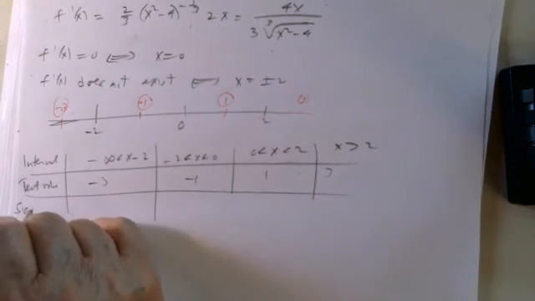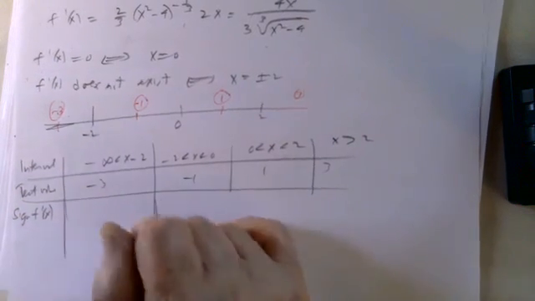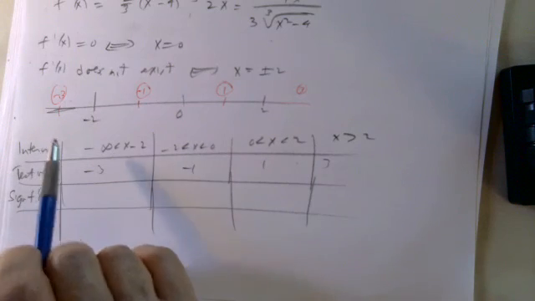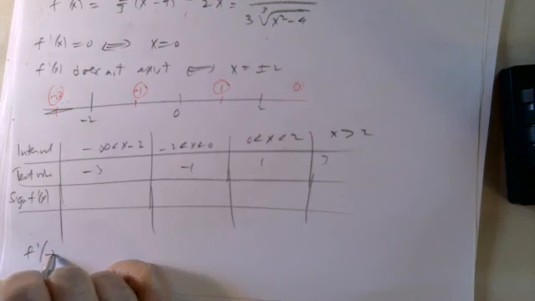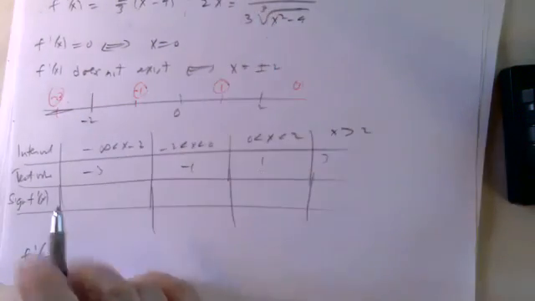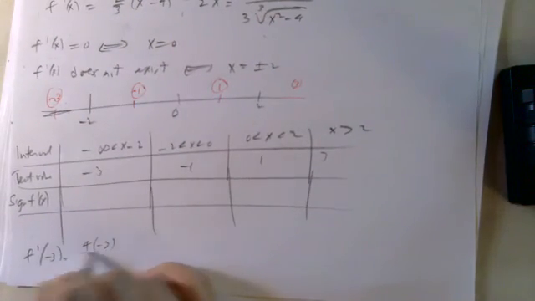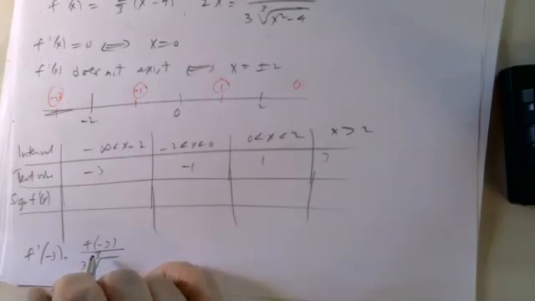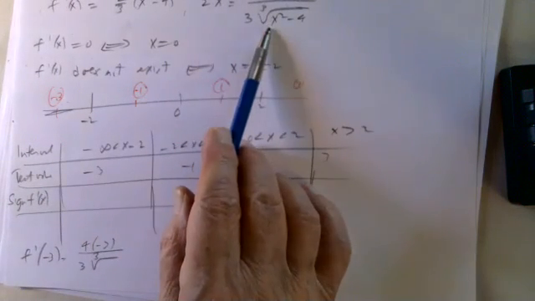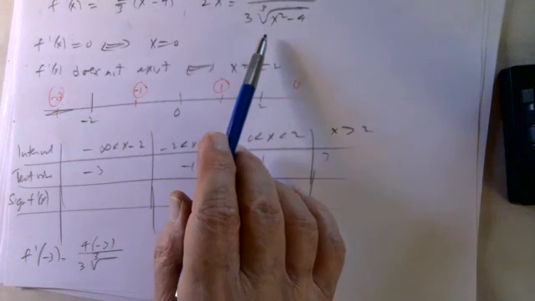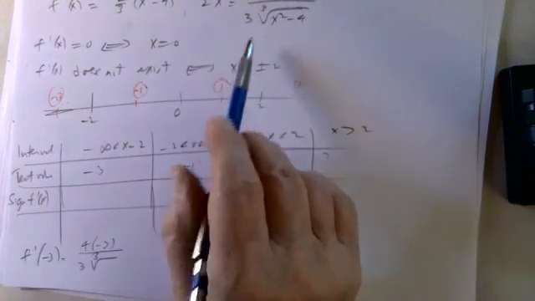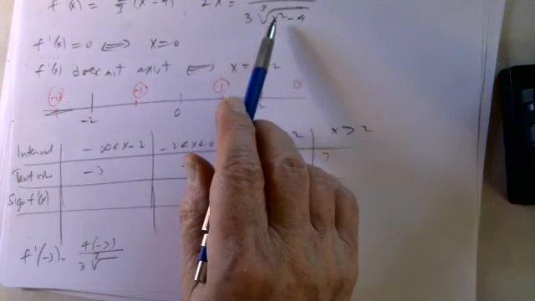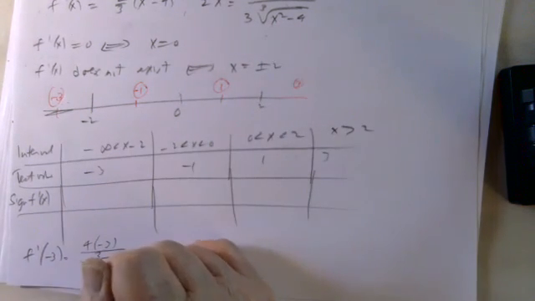And what is the sign of the derivative in these intervals? So f prime of minus 3, this is the derivative, it's 4 times minus 3 over 3 times the cube root of x squared minus 4. That is 9 minus 4, which is 5.